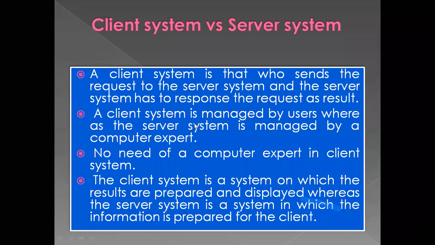A client system is managed by the users, whereas the server system is managed by a computer expert. There is no need of a computer expert in case of a client system. Then, a client system is a system on which the results are prepared and displayed, whereas the server system is a system in which the information is prepared for the client, right? So I think these differences are clear to you.